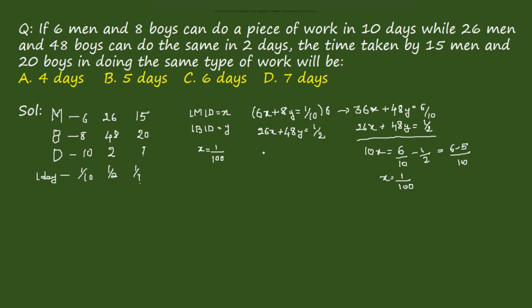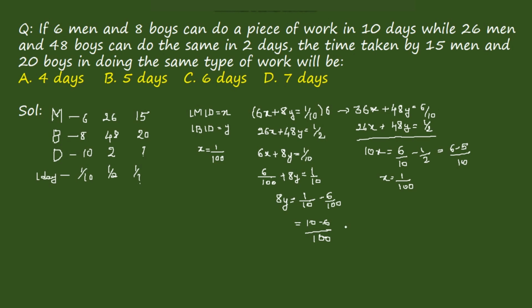Then we will find y. 6x plus 8y is equal to 1 by 10. Then 6 by 100 plus 8y is equal to 1 by 10. Then 8y is equal to 1 by 10 minus 6 by 100, which is equal to 10 minus 6 by 100.